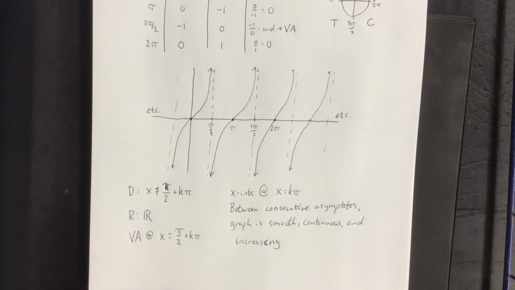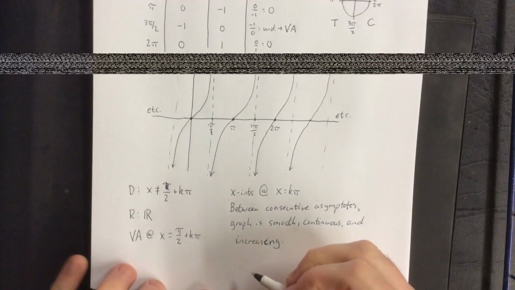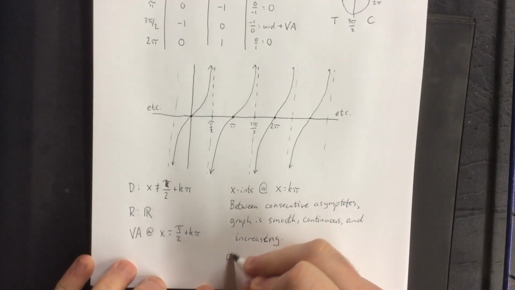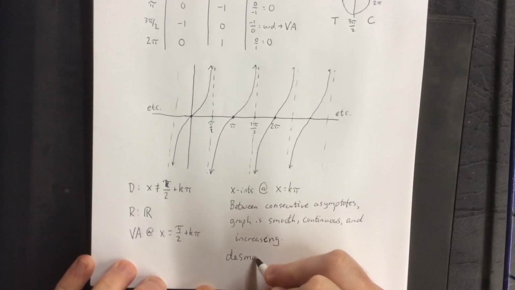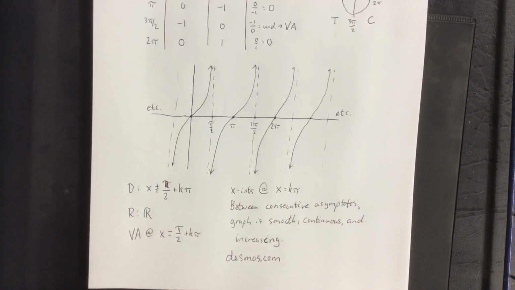Between any two consecutive asymptotes, the graph is smooth, continuous, and increasing. Please feel free to reach out to any sort of graphing software like Desmos if you're interested in seeing a much cleaner version of what I have drawn here.